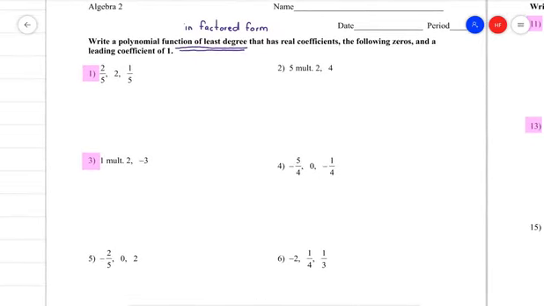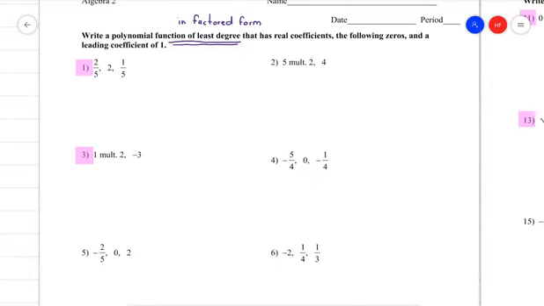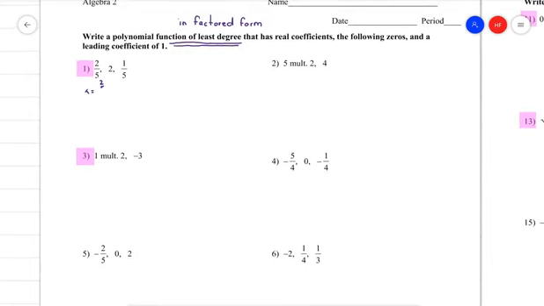On number 1, we have 2/5, 2, and 1/5 as our zeros. So remember that that means x equals 2/5. So we want x plus or minus something equals 0. So I'm going to multiply by 5 on both sides.